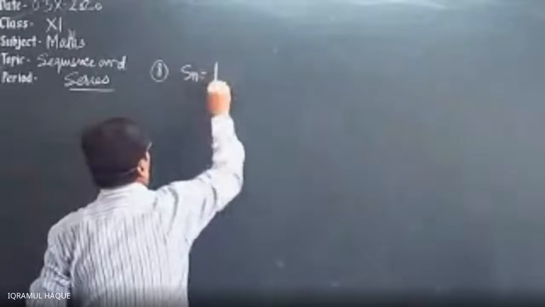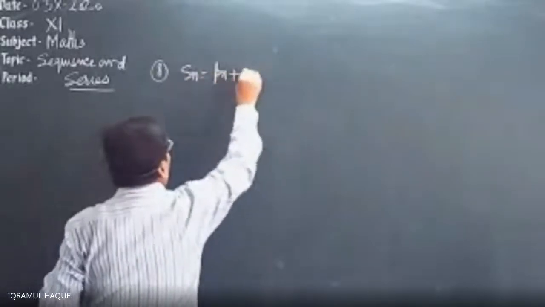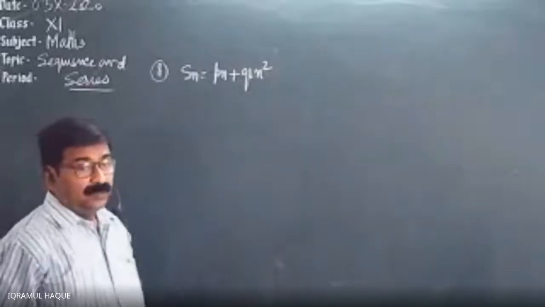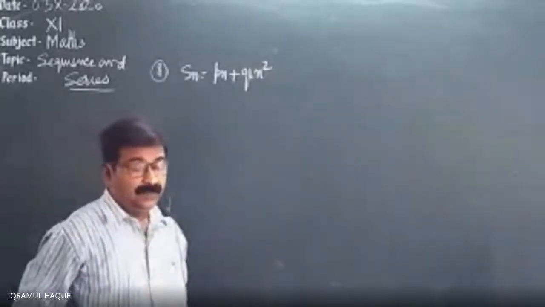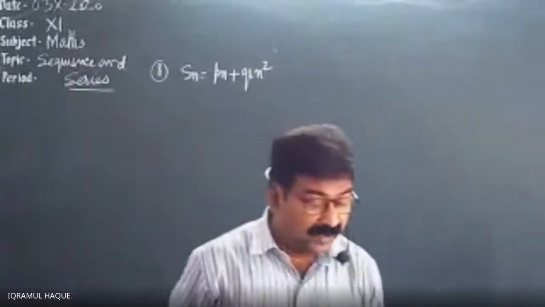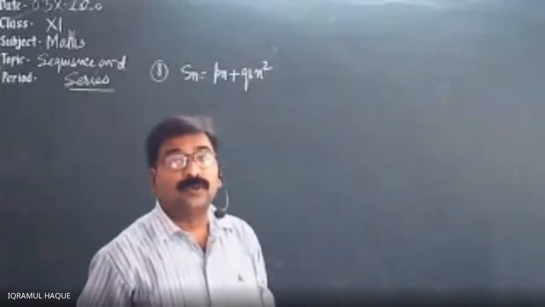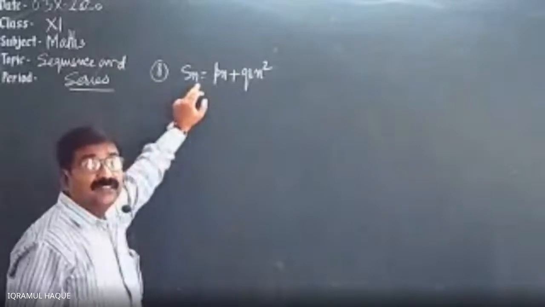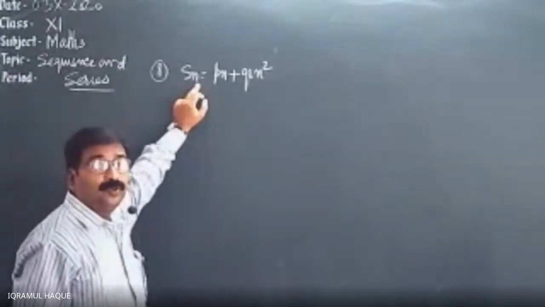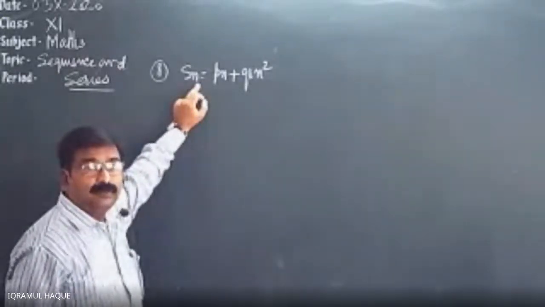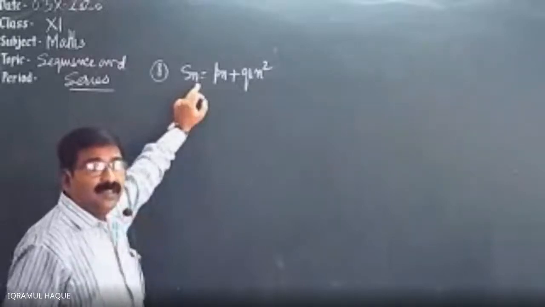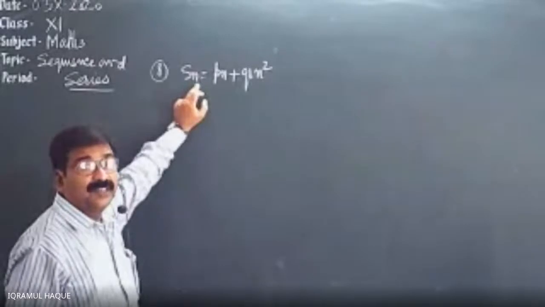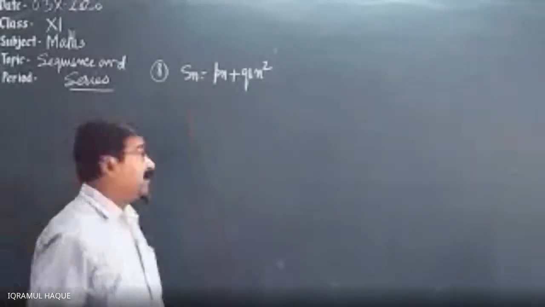Sn is equal to Pn plus Qn square. We have to find the common difference. So, we are given Sn. If you put n is equal to 1, you get the sum of one term, that is the first term. S2 means the sum of two terms, that is A1 plus A2, and then we can find the common difference. Let's see.